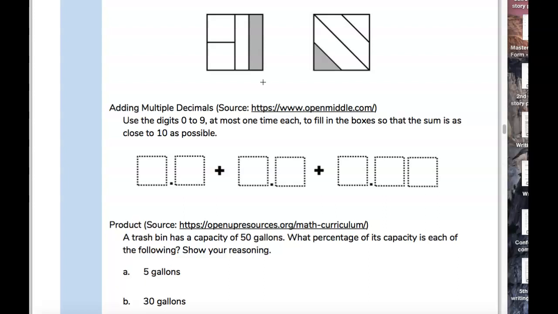So let's look at 8.2 again, plus, I'm going to do it over here first to make sure that it works. 8.2 plus 1.3 plus 0.49.